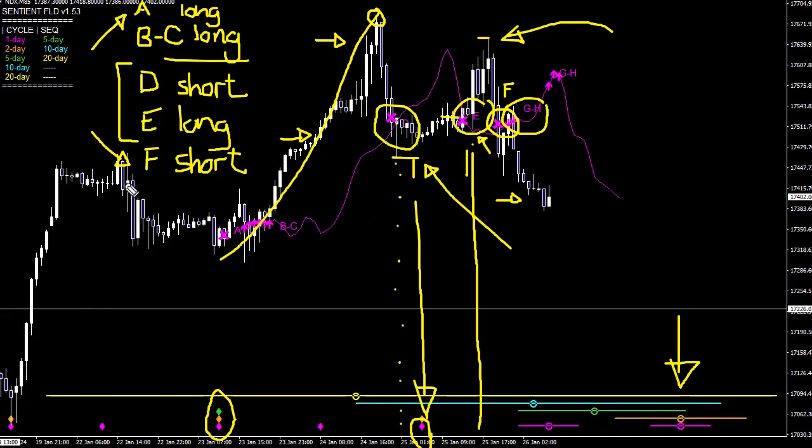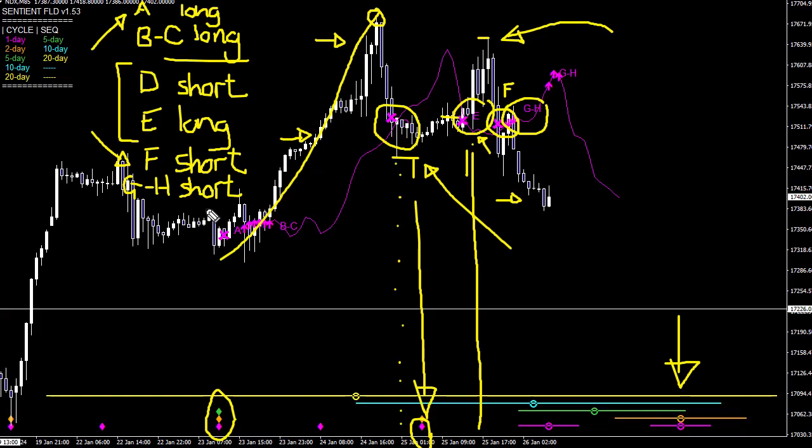So our final opportunity is provided by that GH category interaction, which provides us the opportunity for an H category short trade. Of course, we don't trade the G category as such because we're not looking at going long as price comes back up to the FLD, although I do know some advanced FLD traders who do that.